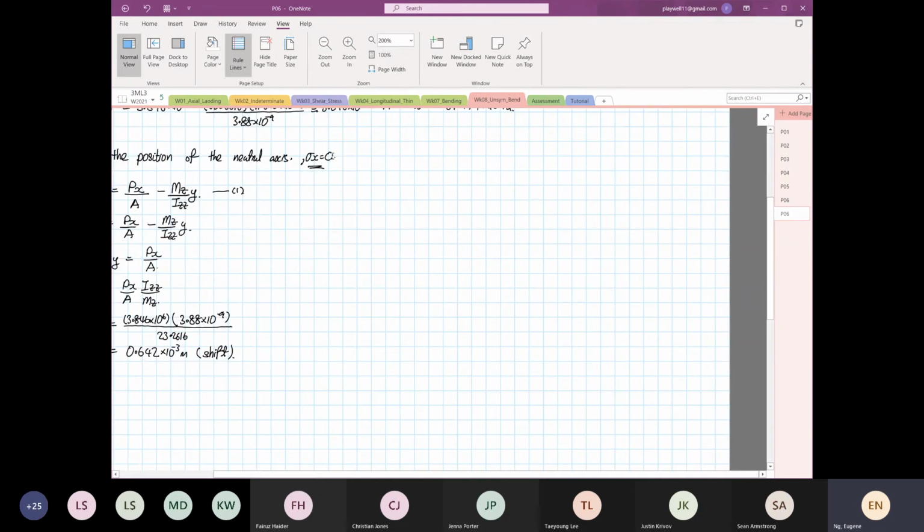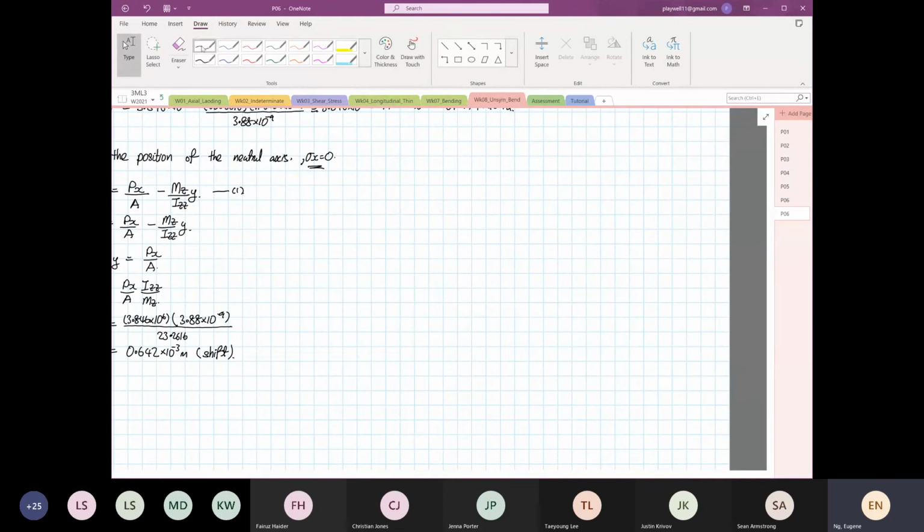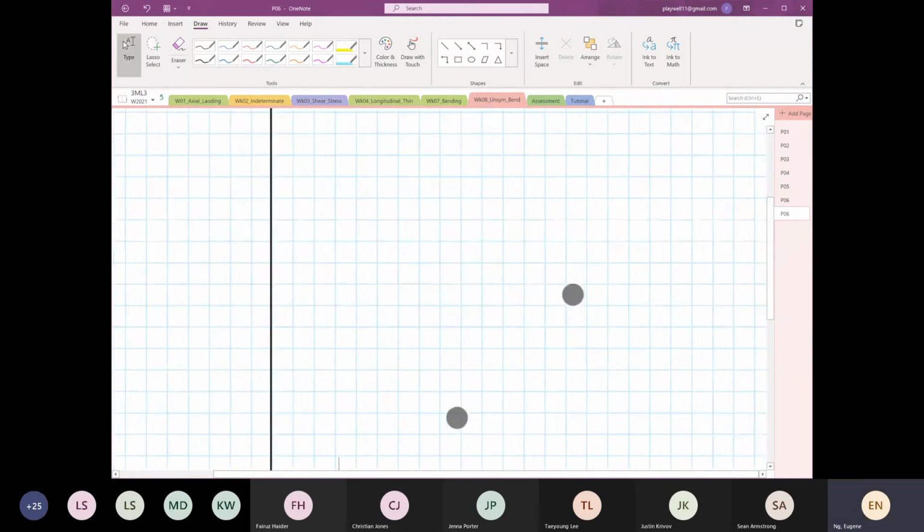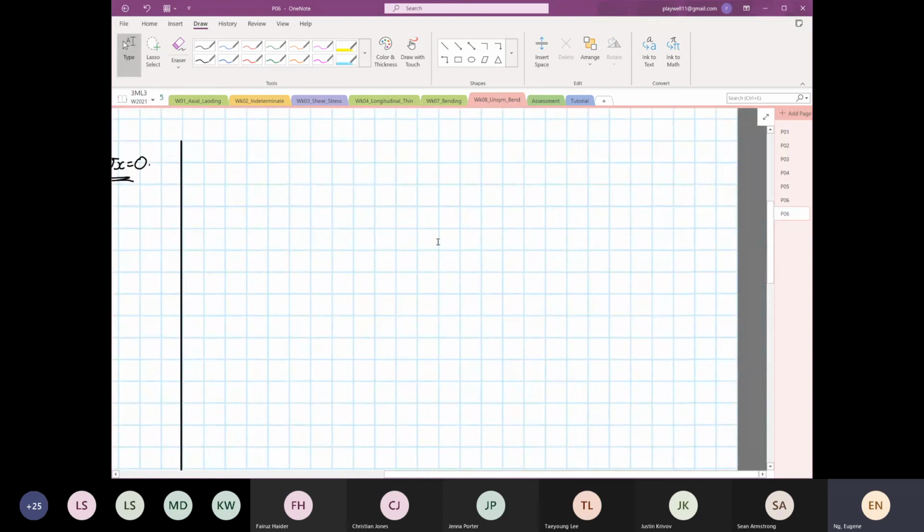It's just pure geometry. Let's say you forget, or there's a blackout, there's no internet. Your boss says, I want to know the position of the neutral axis, and your textbook, given by the professor, which is me, has been downloaded illegally. That's so bad. So what you do is you do this graphically.